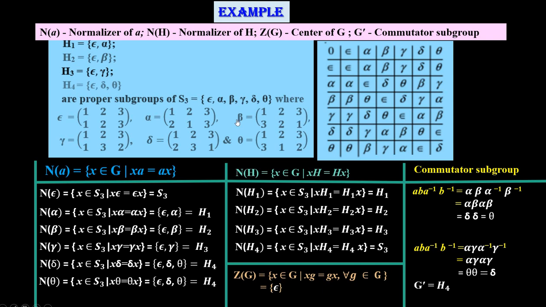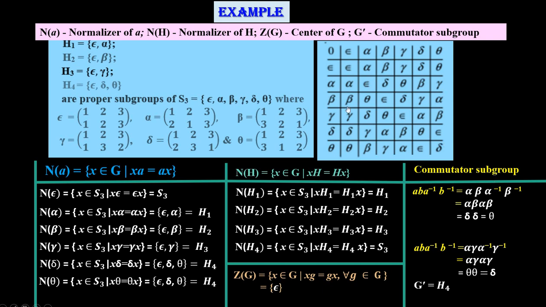And in this case, the group is not abelian. So Z of G is just the singleton epsilon. Then to find the commutator subgroup, we compute A, B, A inverse, B inverse. You have to consider a pair of elements from this collection S3. So if you have considered alpha and beta, this is what we get. Alpha inverse is alpha, and beta inverse in the same way is beta.